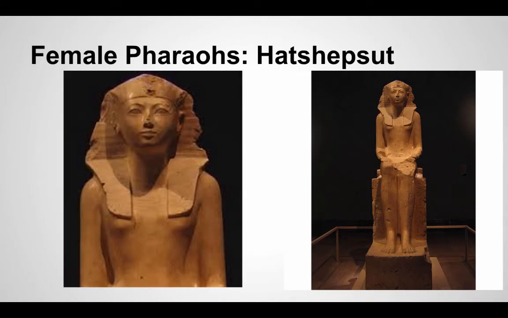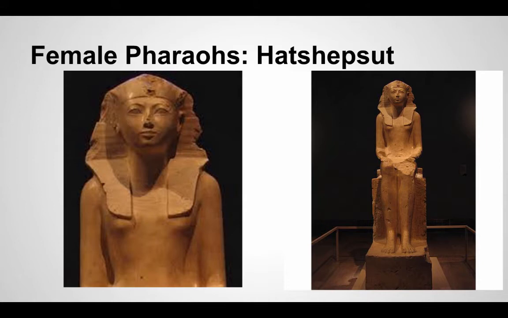And we do have an example of a female pharaoh. There's questions if there were even more throughout history, but our main example of a female pharaoh is seen here, known as Pharaoh or Queen Hatshepsut. I'm not so good at Egyptian pronunciation, so excuse me, but here we see her, and you can visit this statue at the Met in New York City.